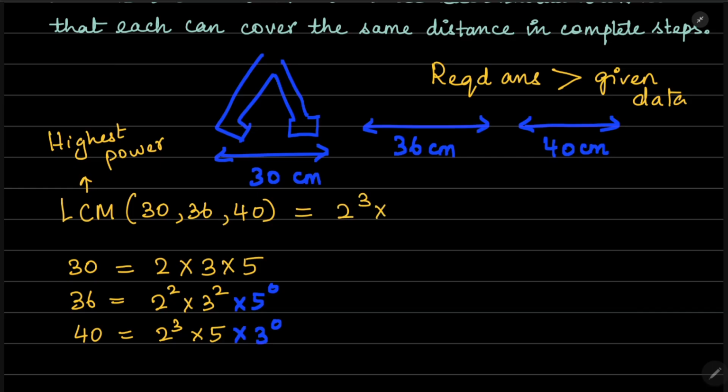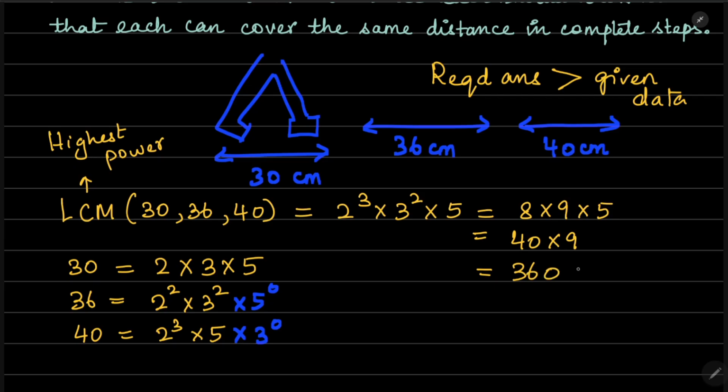For 3, what is the highest power? Here you have 3 to the power 1, 2 and 0. So the highest power is 3 square. And for 5, the highest power is 5. So you're getting 8 multiplied by 9 multiplied by 5. 8 5s are 40 multiplied by 9, 9 4s are 36 and a 0.